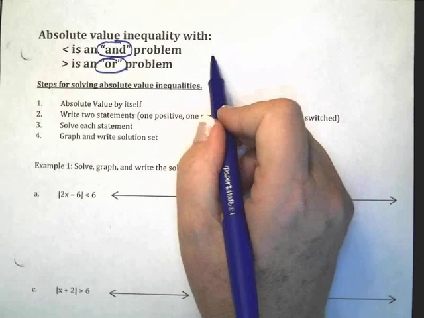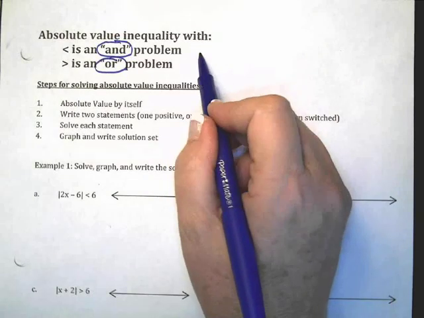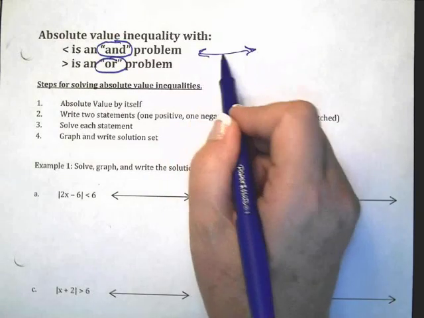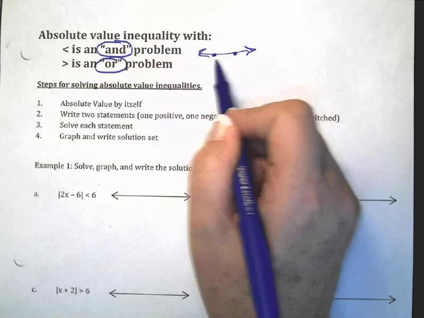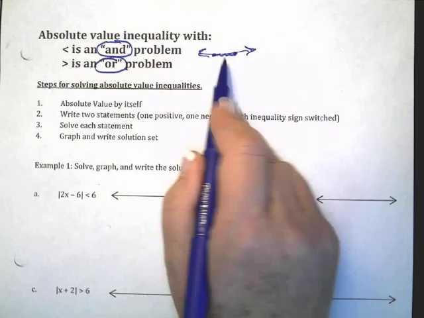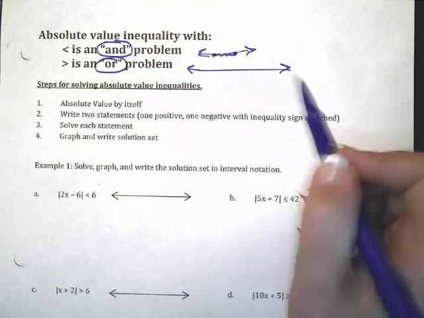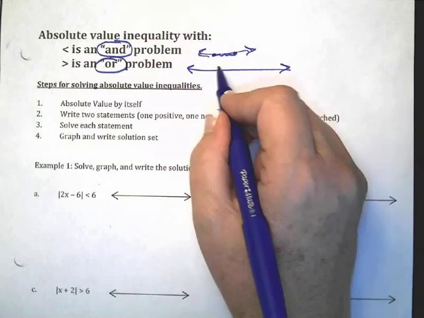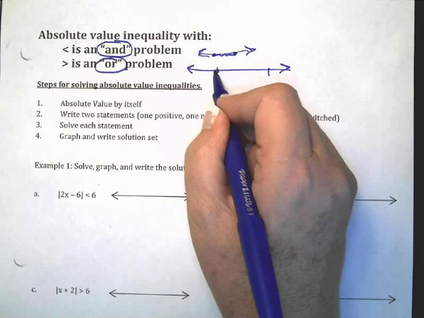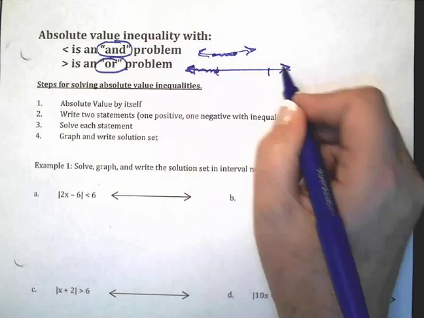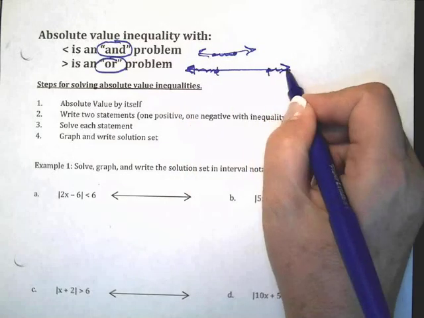And remember what those looked like when we graphed them. Our ands on the number line, we had two numbers and our solution ended up being in between the two numbers. And on the or compound inequalities, we had our solutions that were usually facing away from each other.